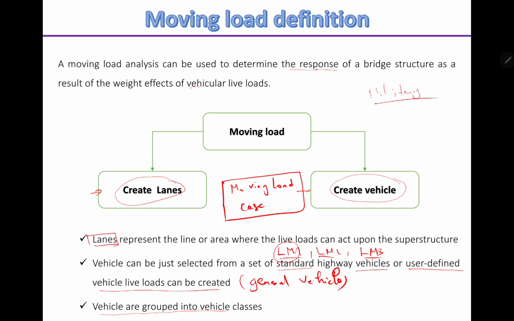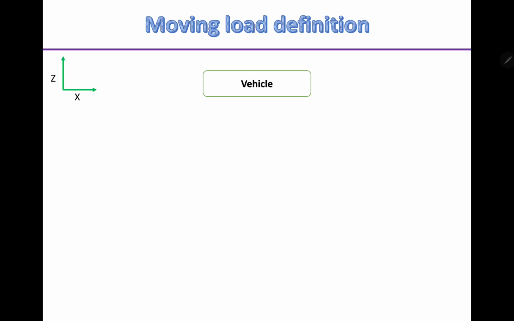The military vehicles, for example, will be multiplied by 1.35. So first we will create each vehicle, and then we create a class of vehicles that contains all the military vehicles, for example.